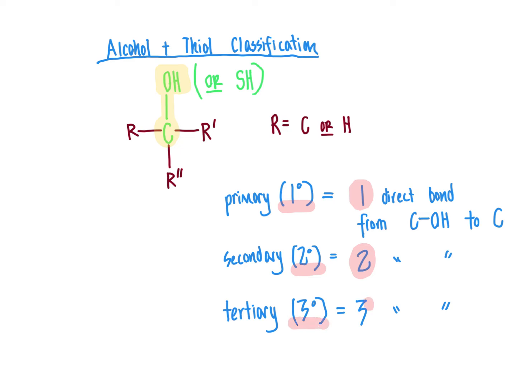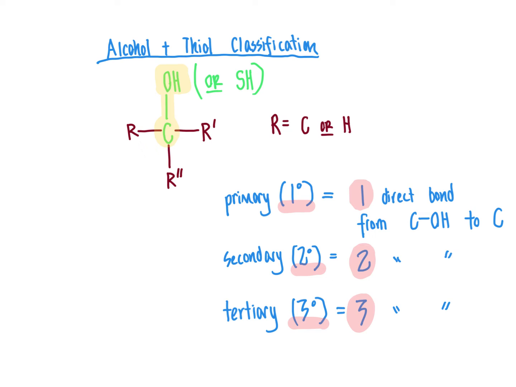And that's going to be as high as it goes. Anything beyond that would need to violate the octet rule in order to do so, and we never violate the octet rule because the max number of carbons that could be directly bonded to this carbon that's part of the alcohol group is going to be 3 because there's 3 R groups here to fill the complete octet.